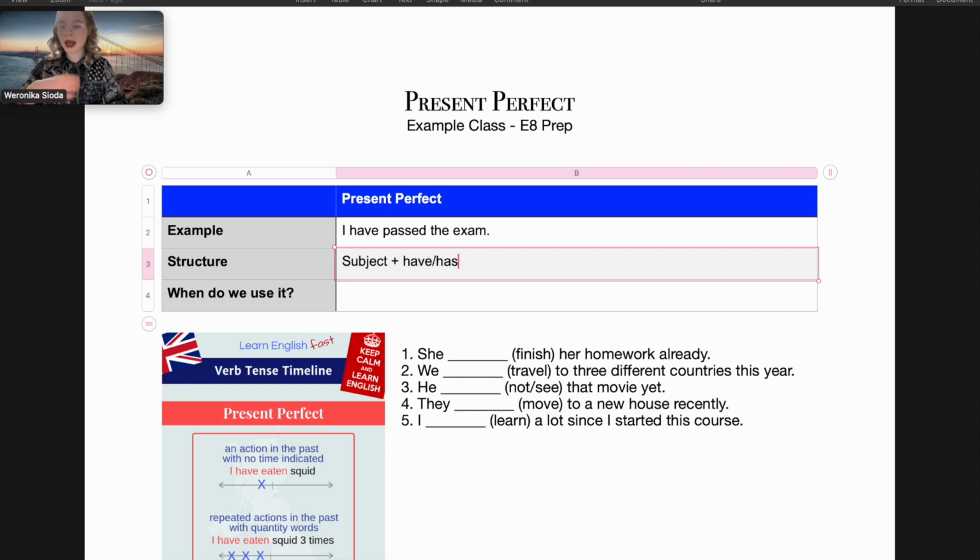So I will say I have, you have, but she has, he has, it has, you have, we have, and they have. Okay, next I will need to use the third form of the verb. So as you remember, normally I will just have to add the ed suffix. Okay, so for example, instead of having work, to work, I will have worked.